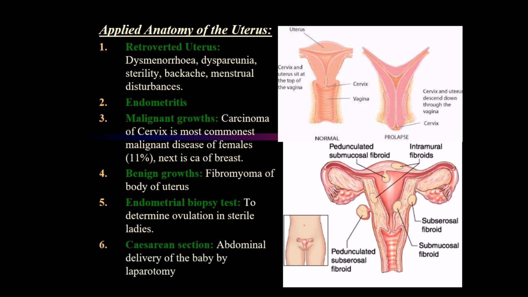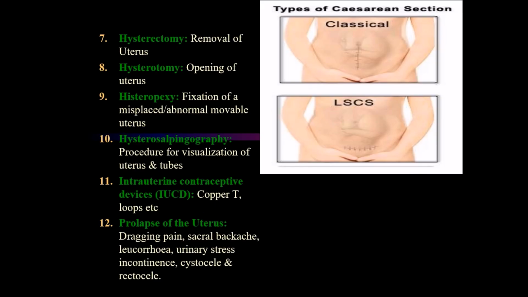As I had discussed before, the Cesarean section is nothing but the abdominal delivery of the baby by a method called laparotomy. This is done by two methods. One is the classical method, the old method, where the incision used to be done vertically and gave a big scar.